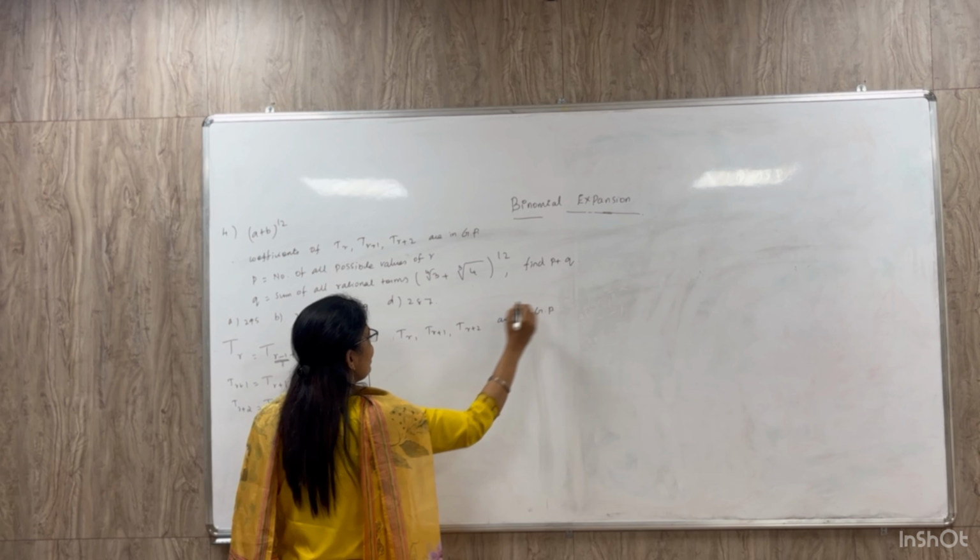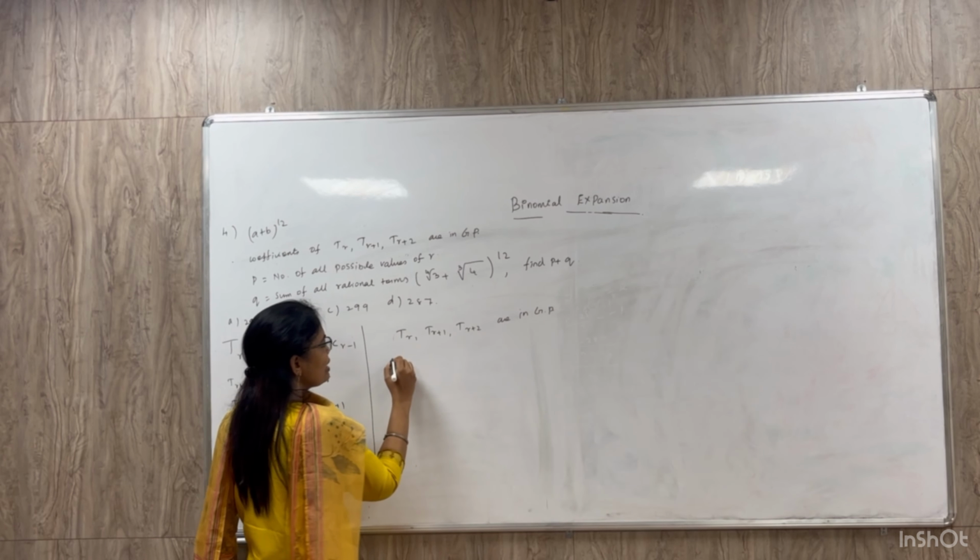GP means the second term divided by the first term is equal to the third term divided by the second term. Now, T_(r+1): the coefficient will be 12Cr, and for T_r the coefficient will be 12C(r-1). And for T_(r+2) the coefficient will be 12C(r+1), and T_(r+1) is 12Cr.